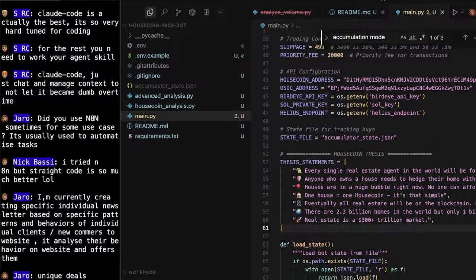Beautiful. Okay, so Housecoin accumulation mode. Eventually, all real estate will be on the blockchain. Housecoin is best positioned for that future.